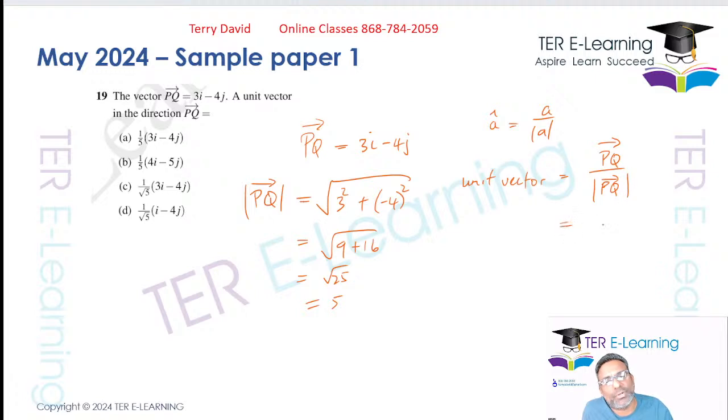So you're going to say 3i minus 4j, and divide that by 5. You can write that as 1/5 by 3i minus 4j, which is A. The answer is A here.